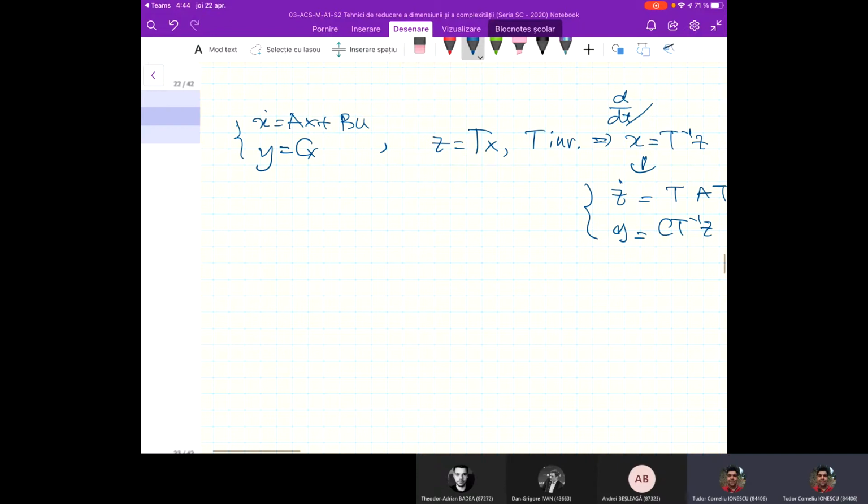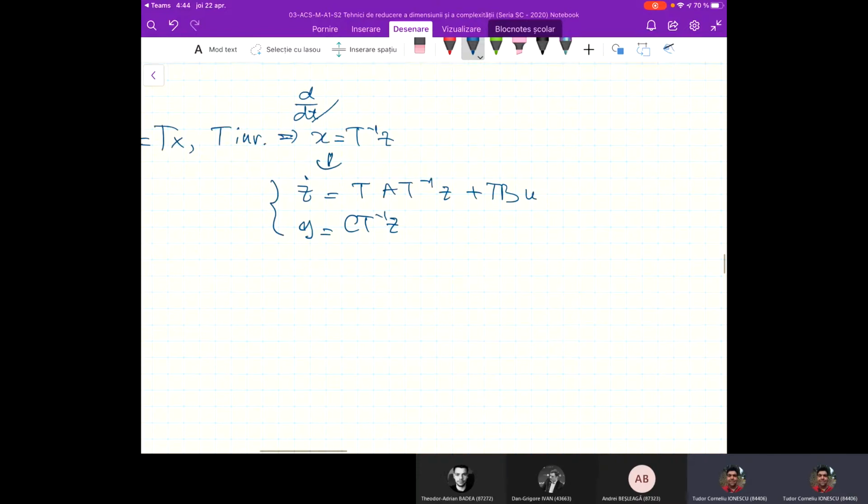Now this system has Gramians. So you have AW plus WA transposed plus B B transposed equals 0. And then you have these Gramians here. So you have T A T inverse.